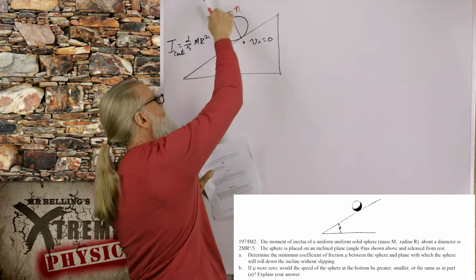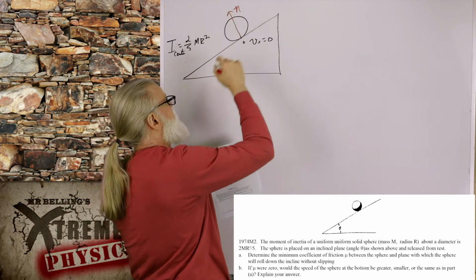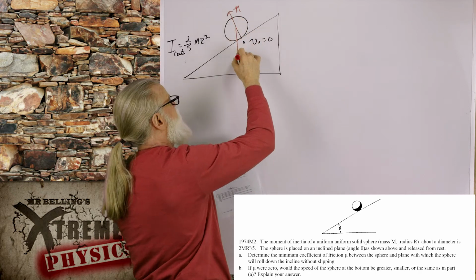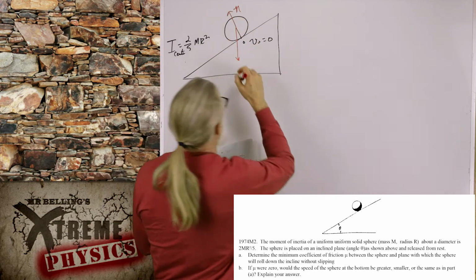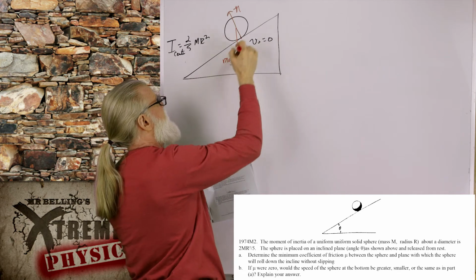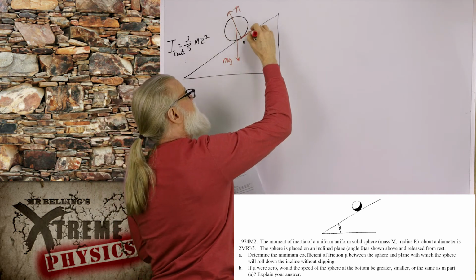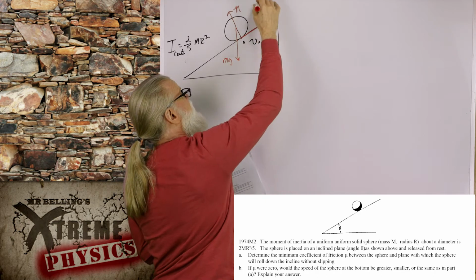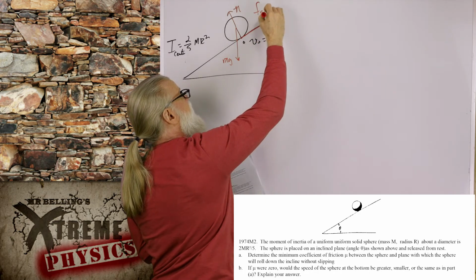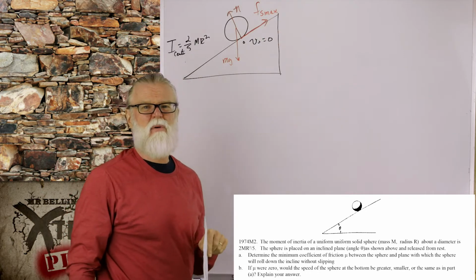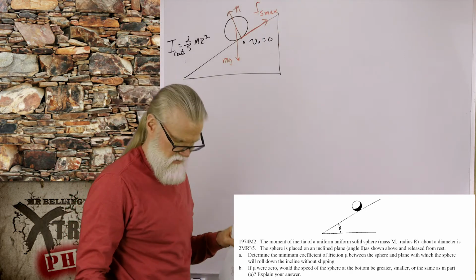We got the normal force perpendicular to the surface, and through the center we have the weight, mg straight down. And now here's the key: friction is acting right here, and it is F static maximum. That's incredibly important that it's maximum static friction.